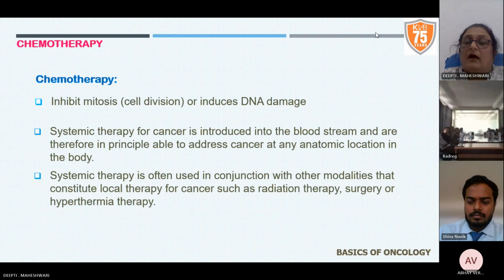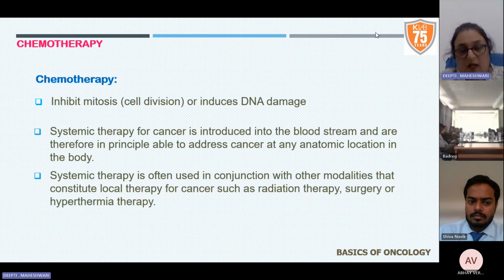And one most important thing is that chemotherapy can be systemic or it can be loco-regional. Majority of the chemotherapies are systemic in nature. What do you mean by systemic? That they go and affect each and every cell in the human body because they are introduced in the body through the bloodstream. They can be given intravenously if it is a liquid chemotherapy.